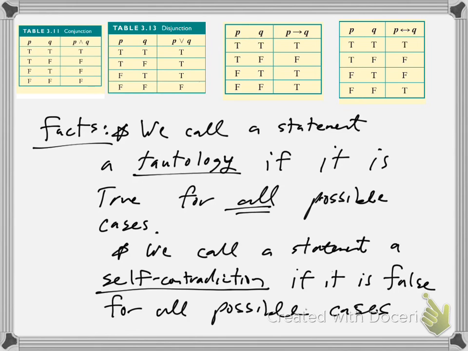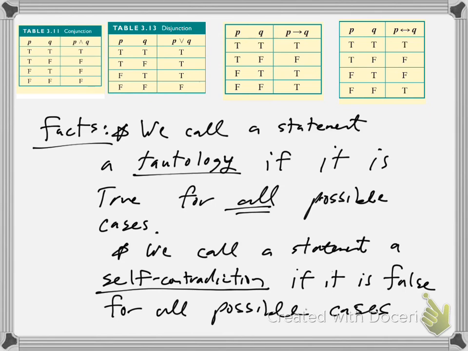If we do our truth table of a particular compound statement and get all falses in the last column, then it's a self-contradiction. In the homework, you're going to have a section where they have you construct a truth table and ask you to determine if it is a tautology.